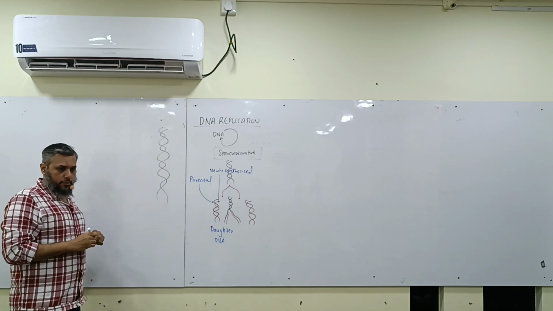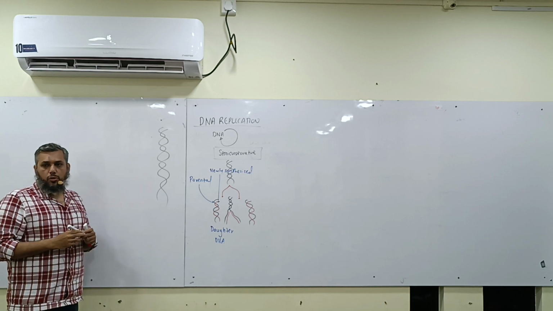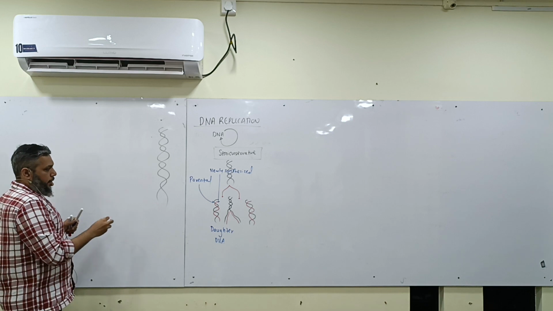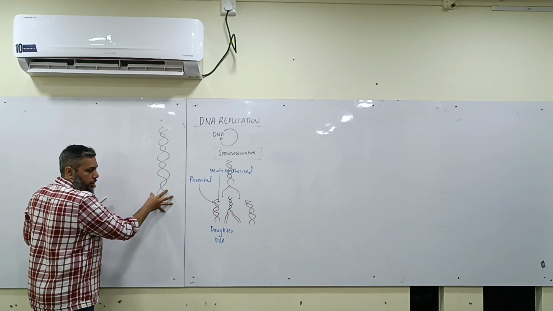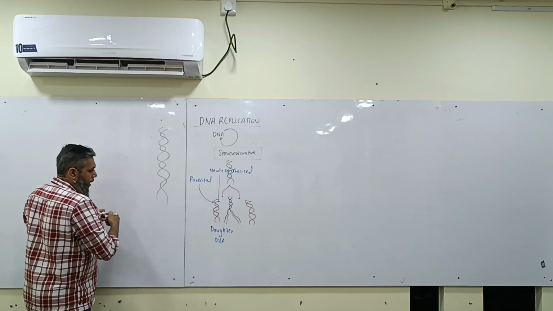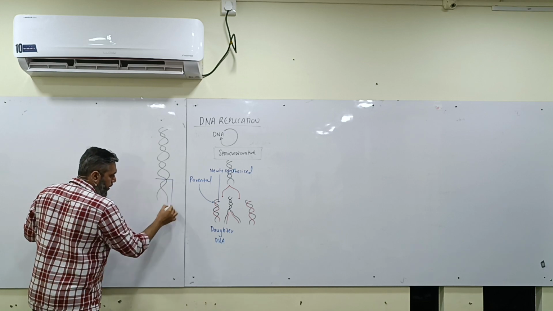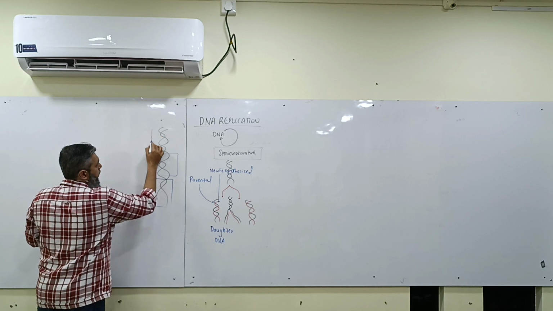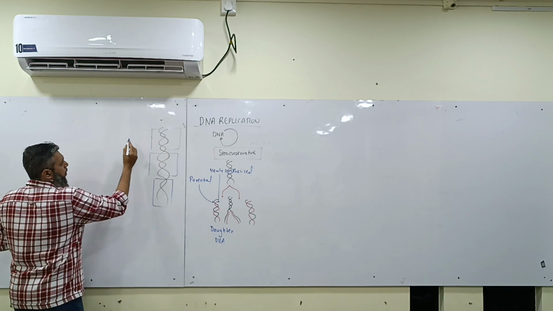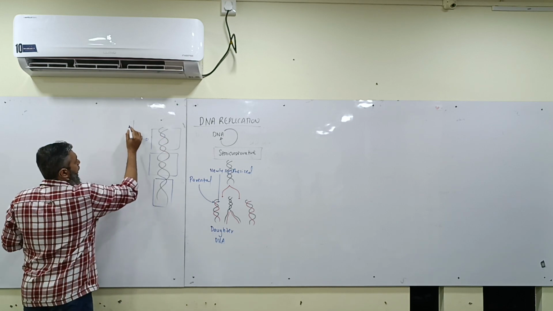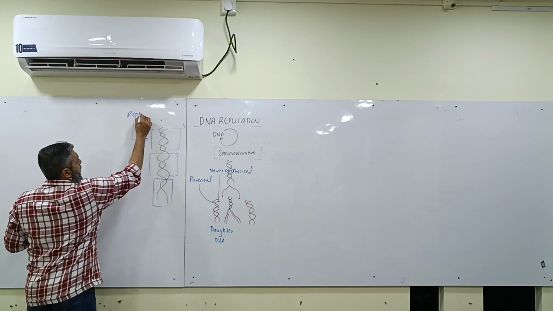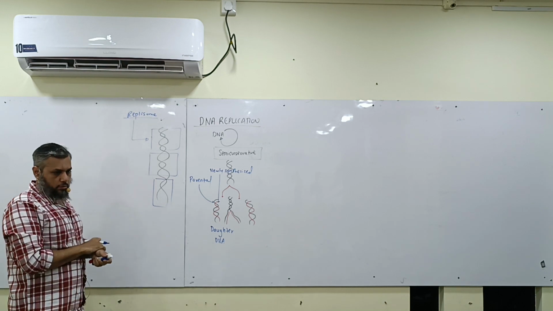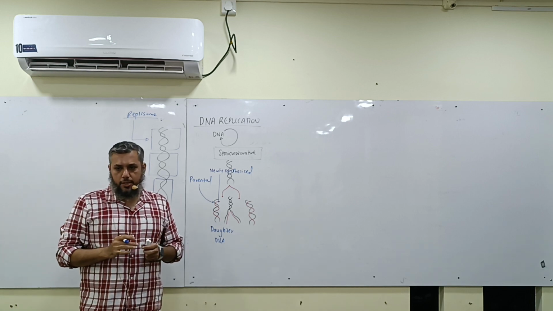So what happens is the DNA has got many replication units, and one unit is called as a replisome. And we can understand this.